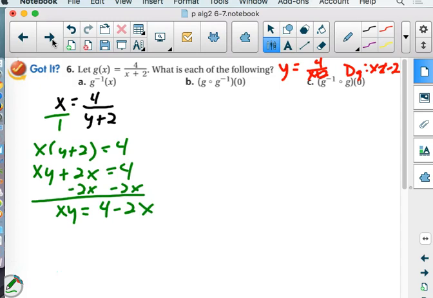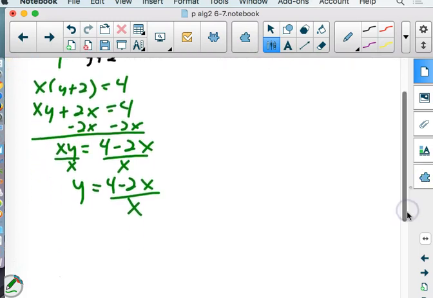One more step. Divide by x. Should we cancel out those x's in the back there? No. Remember, canceling is a form of division. We have to see pure multiplication. There's subtraction in here, so we can't do that. And then, like I said, they wanted us to call it something fancy, so we're supposed to call this g inverse of x.